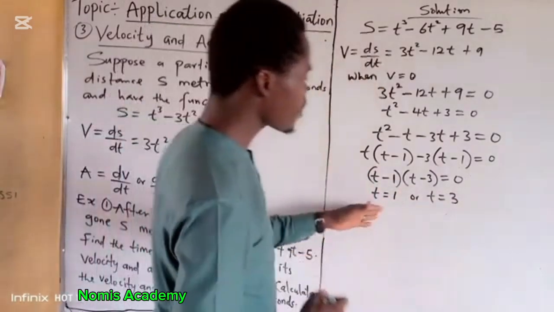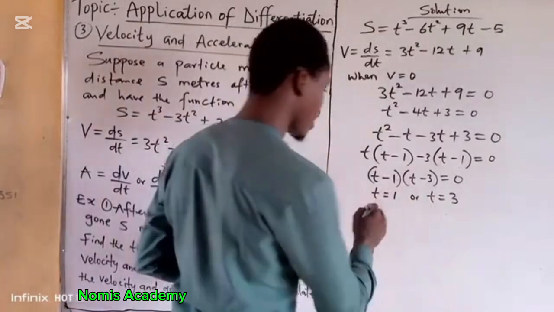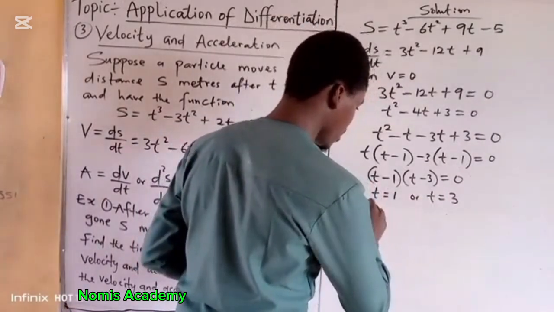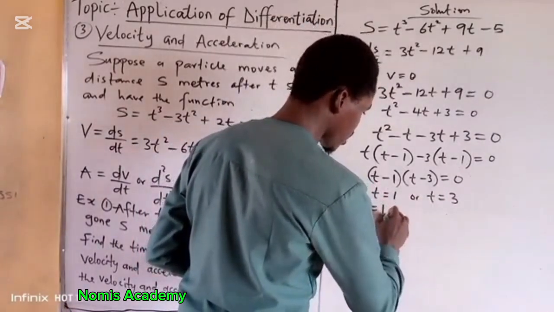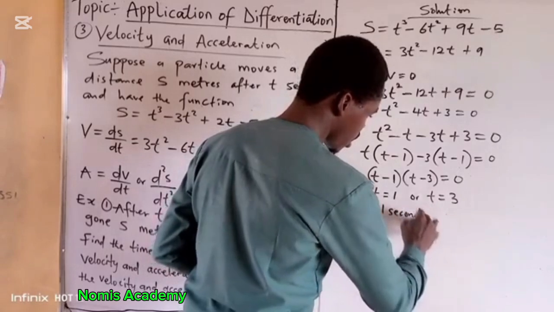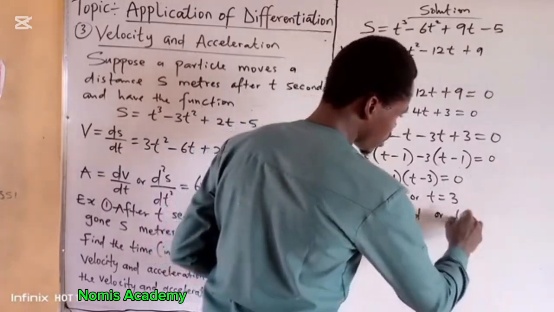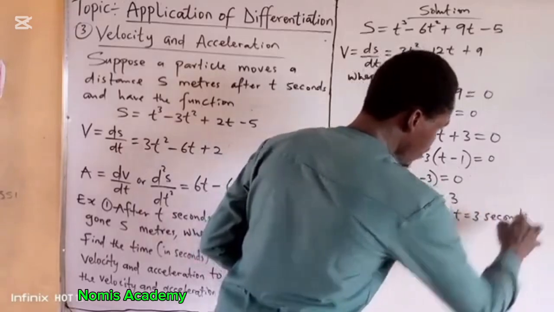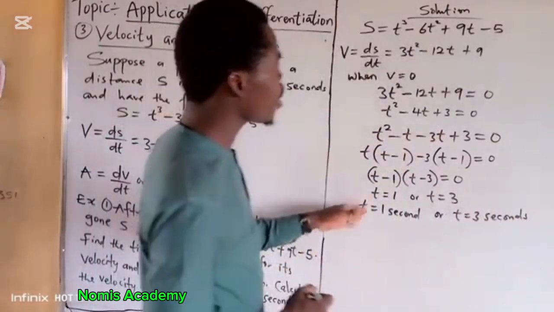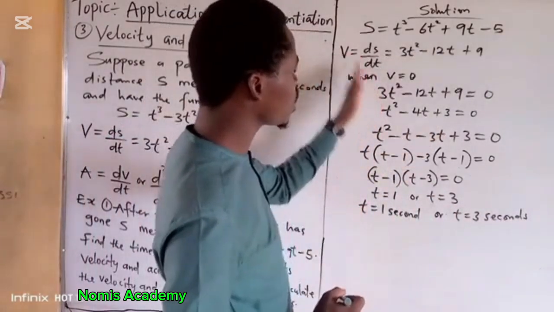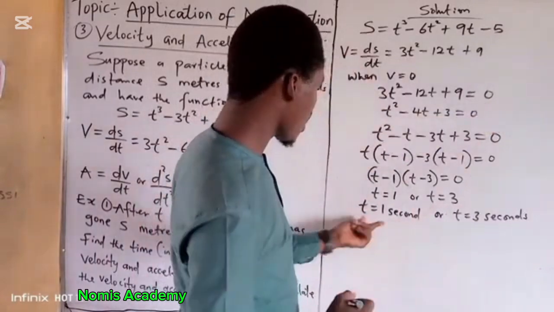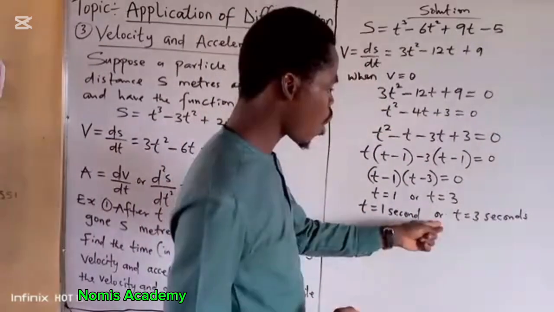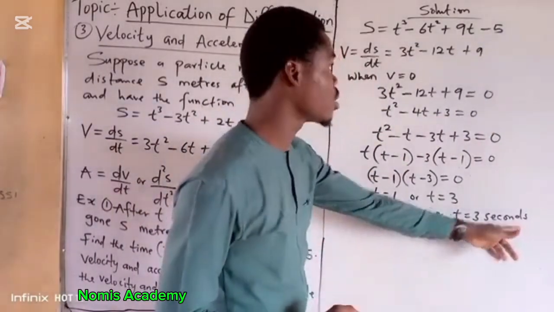So the times at the point where the velocity is 0 are 1 second or 3 seconds.